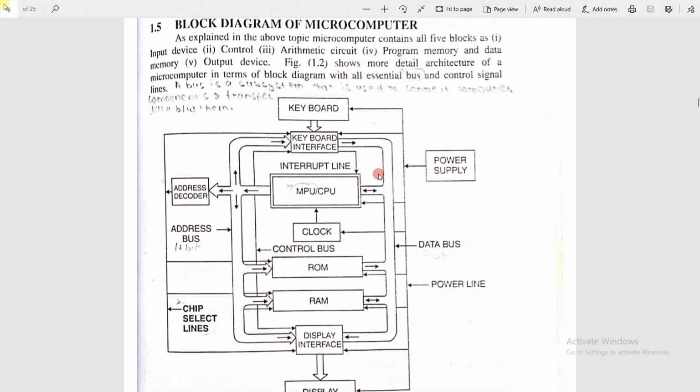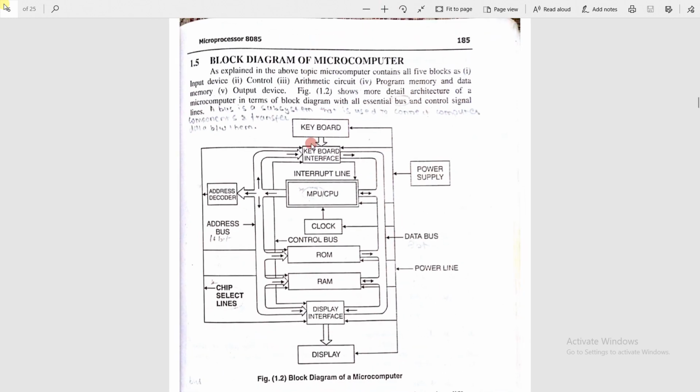Now if you see the diagram, here we have an input device which is the keyboard. Keyboard is used to give input. But there are possibilities that the microprocessor is currently busy executing some particular instruction which was given before. And in between, the keyboard has sent some input, some program along with data.